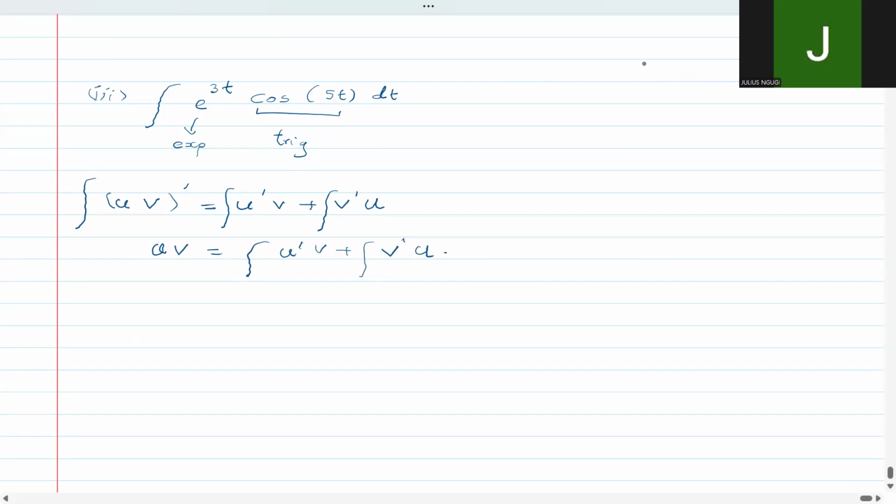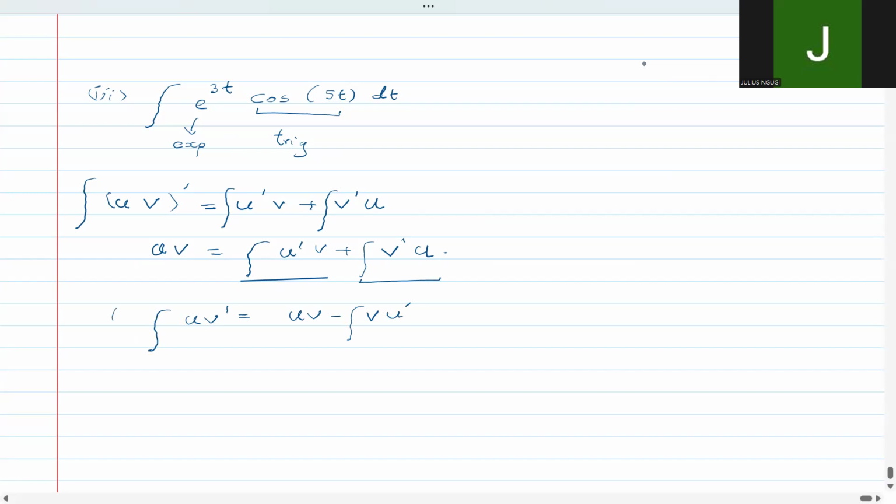Now, because we are finding the integral, we can isolate this one, the integral of v prime u, and we have the integral of u v prime is equal to uv minus the integral of v u prime.